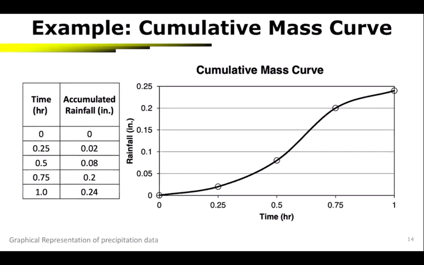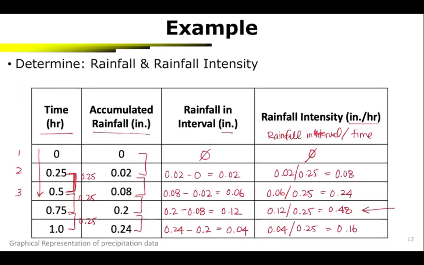This is our cumulative mass curve, where we're plotting our accumulated rainfall over our observation period. And again, if you're given, for instance, the rainfall in the interval, what you would be doing is CP1 is equal to P1. CP2 is going to be P1 plus whatever precipitation you've experienced in the previous time steps.